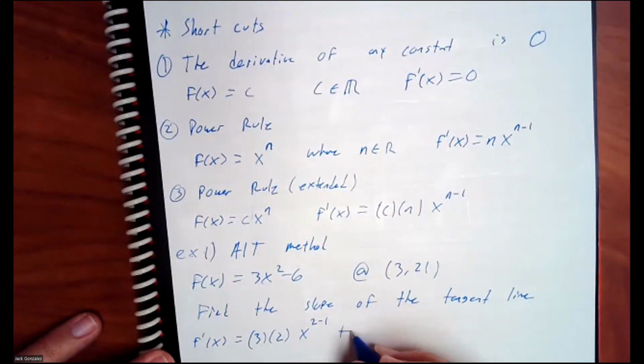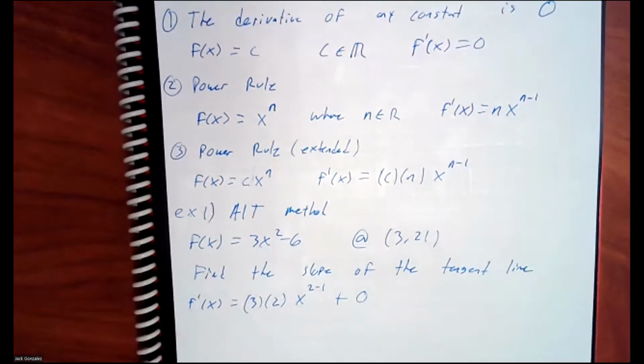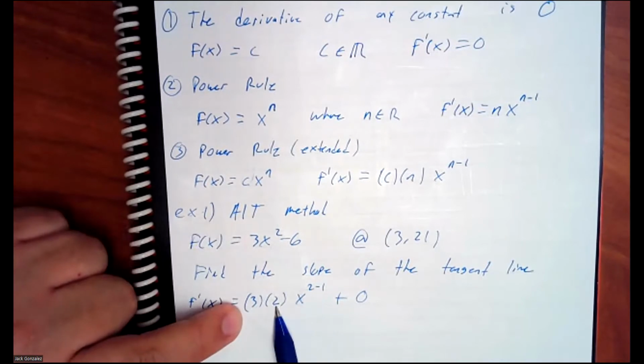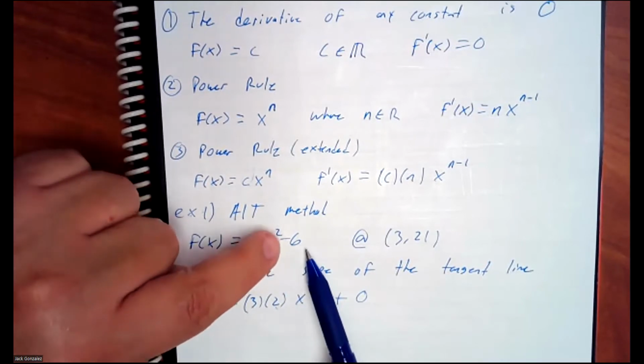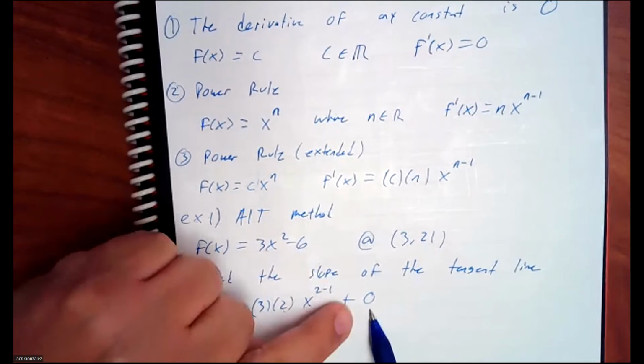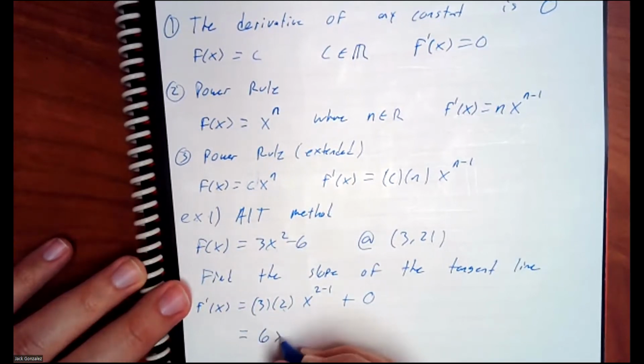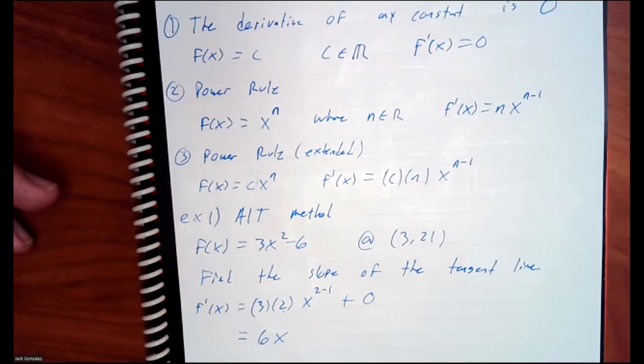Derivative of a constant is 0, so it's gone. So you do the derivative of this piece first. Bring down the 2, subtract 1. Derivative of the constant, 0. So our answer is 6x, which is what we got earlier, right? Using the long method, the limit process.